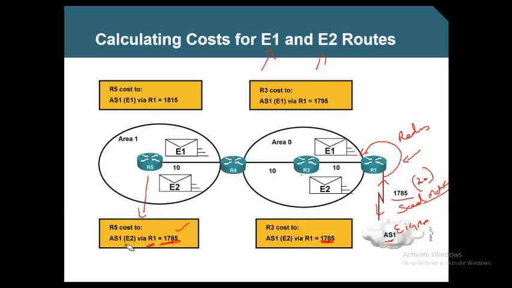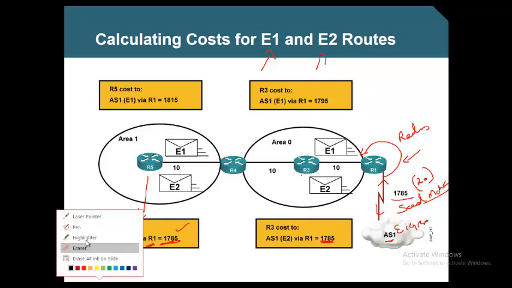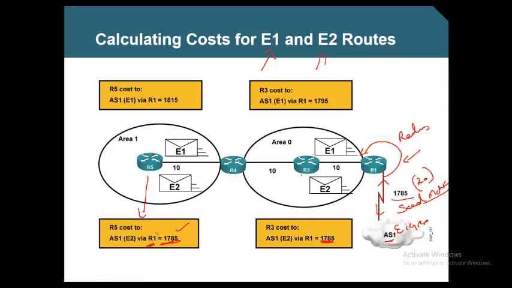So E2 is default always, unless you change to E1, your path cost will not get added. You see here, path cost is added to 1785, 10 plus 10 plus 10, 30 is added. You get this 1815.